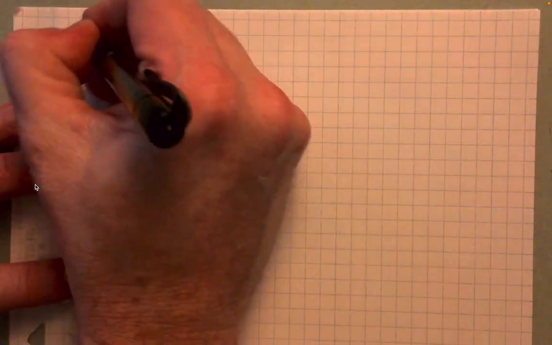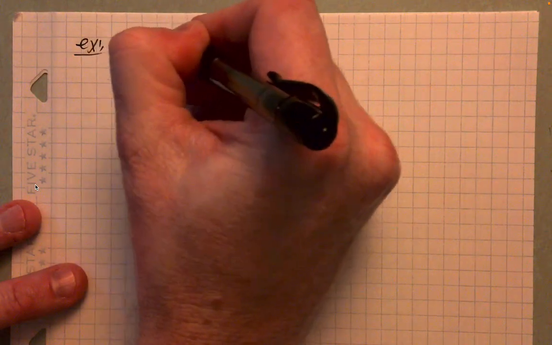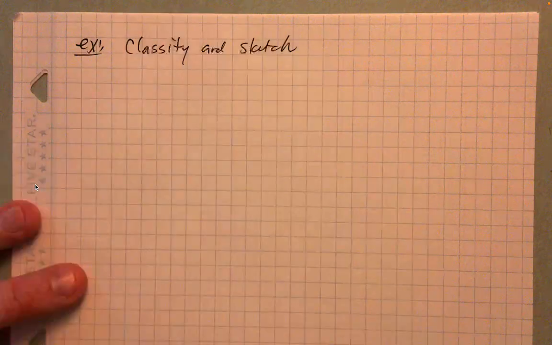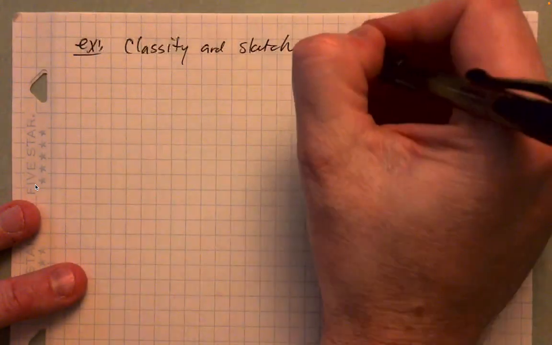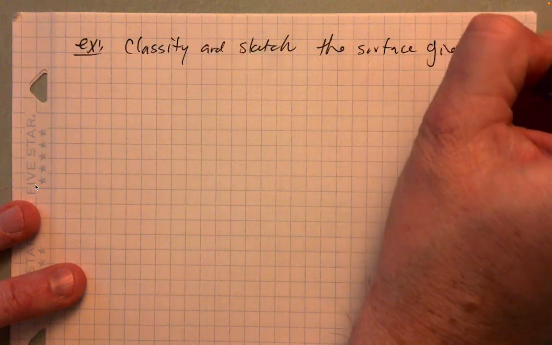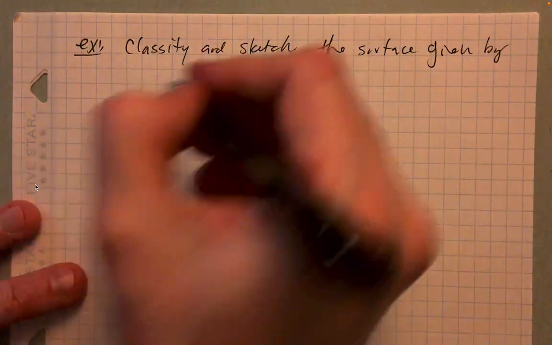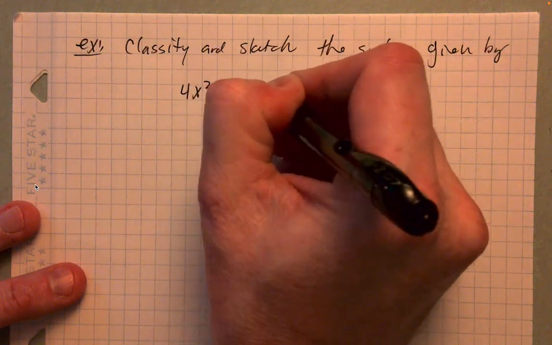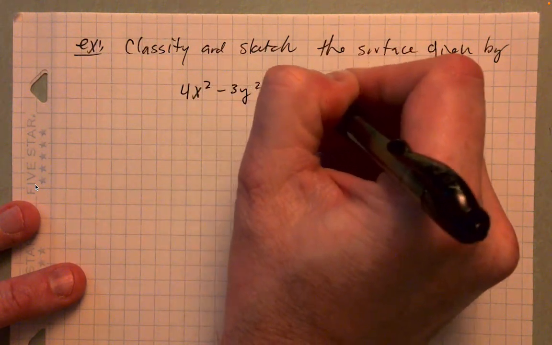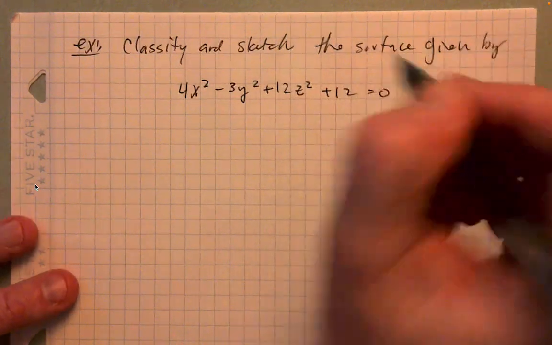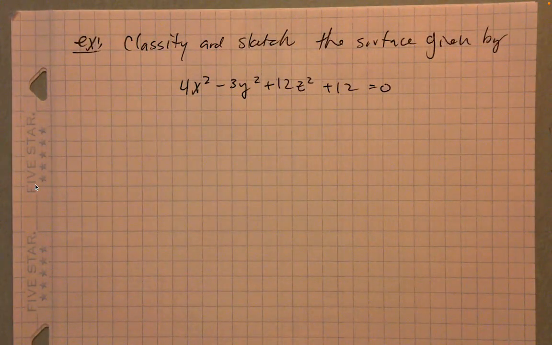Okay, so let's try an example here. We want to classify and sketch the surface given by 4x squared minus 3y squared plus 12z squared plus 12 equals 0.